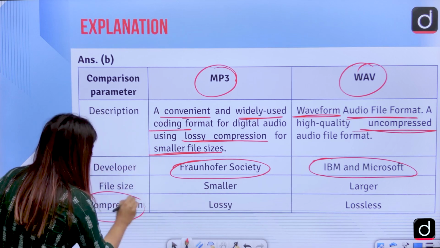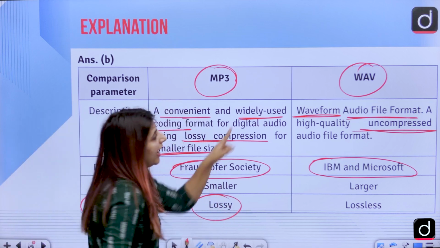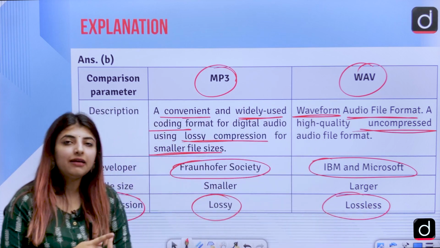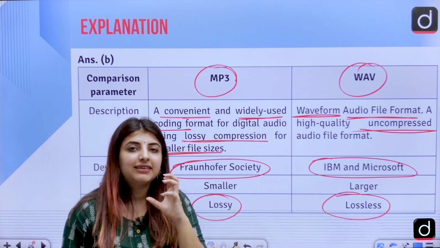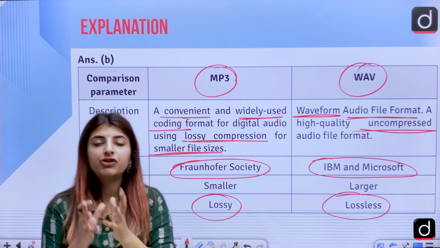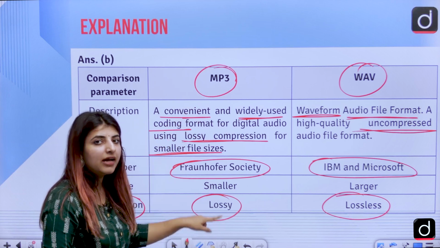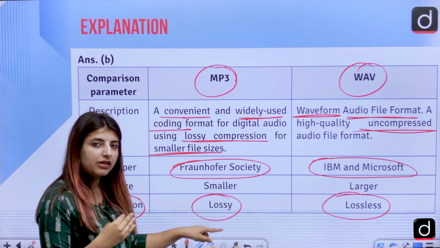Now, if we talk about the compression, in MP3 it is lossy and in WAV it is lossless. Lossy means that when we are compressing the file, some things are deleted which are redundant, some information which is not required, just to maintain that very music, but the quality becomes a little low.